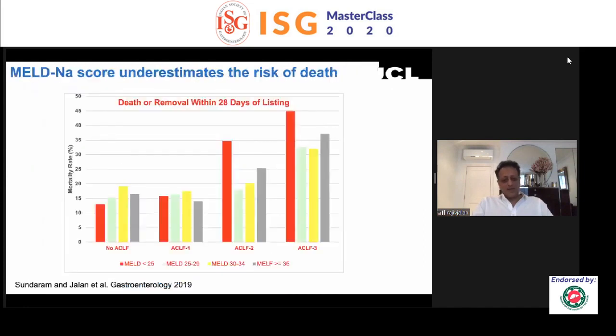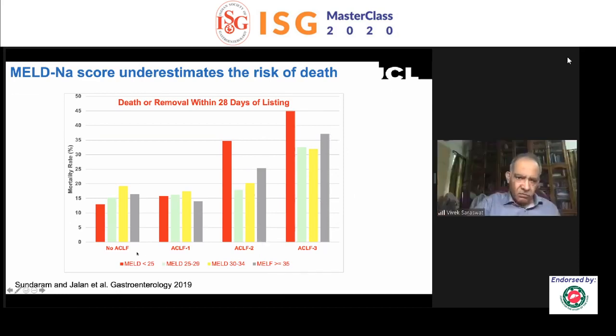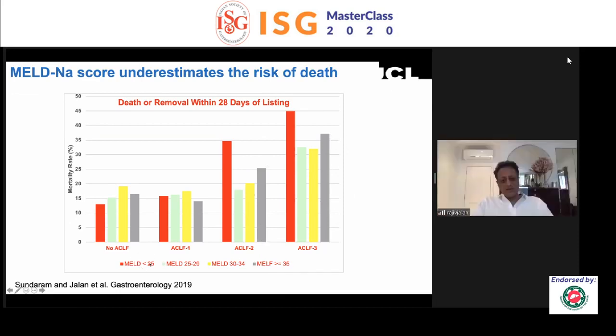The second point to make, and I don't have time to go into too many explanations here, is that the MELD score is no good for allocating organs for patients with ACLF. I'll just illustrate this graph here. In ACLF3 patients, you can see that about 40 to 45% of patients who die have a MELD score less than 25.